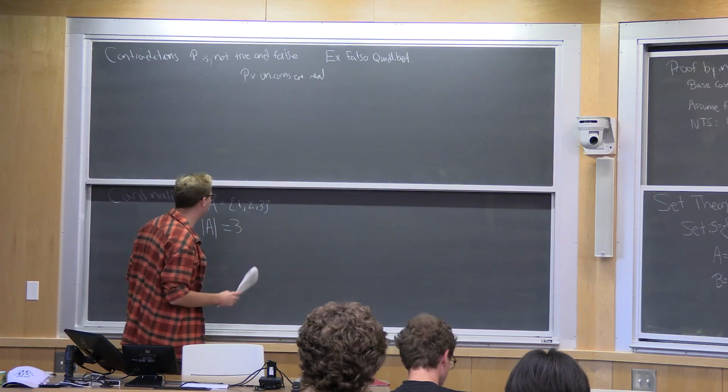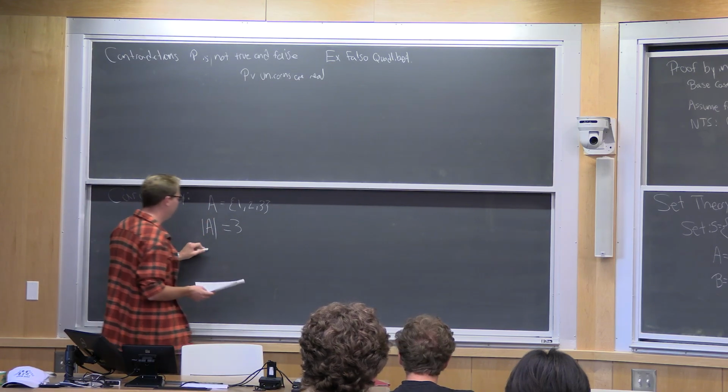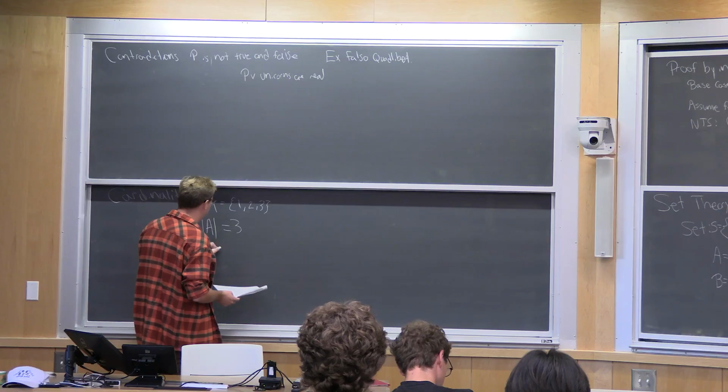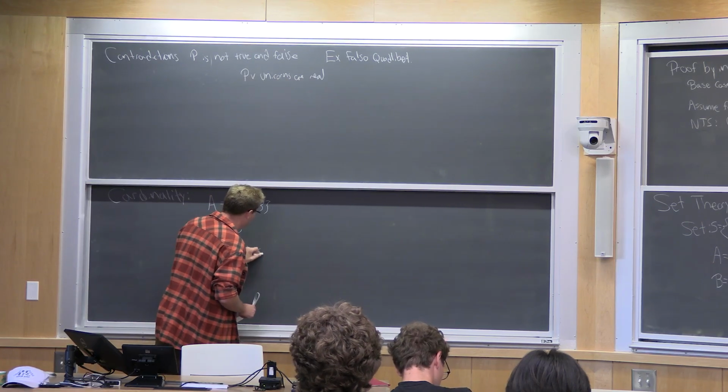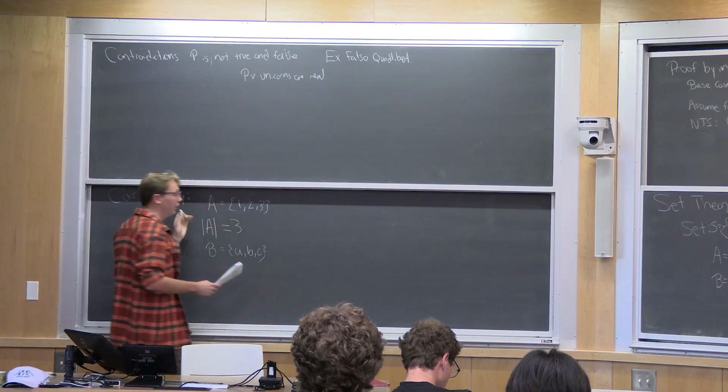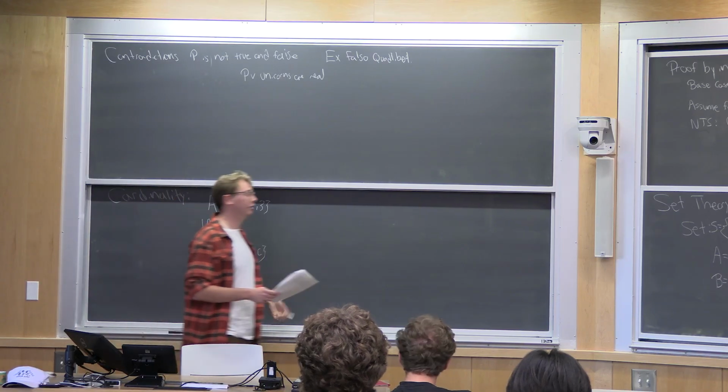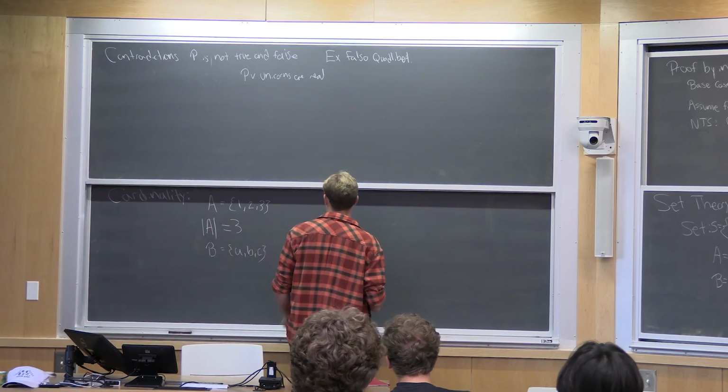And in essence, what that means is if we have some other set, B, with elements A, B, C, that there is a bijective function between the two of them.